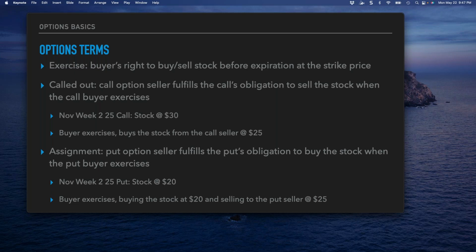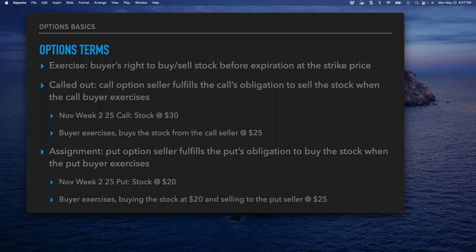What this means is that using put selling is not only a way to generate immediate income from the sale of the put option itself, but it also sets up an opportunity to buy stocks that we like at prices that we believe represent useful values.